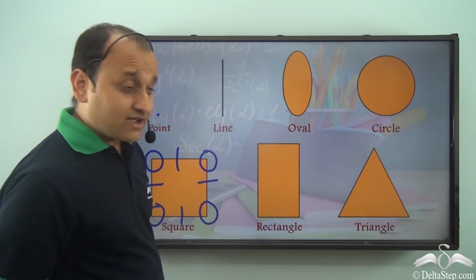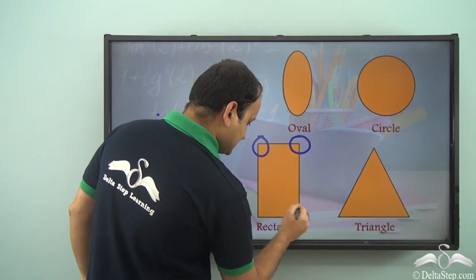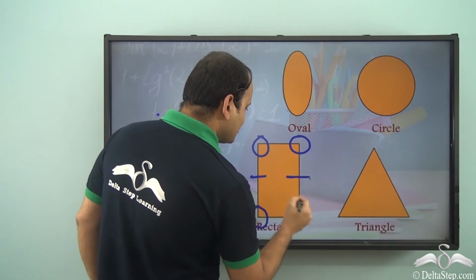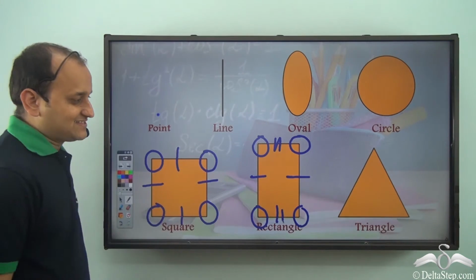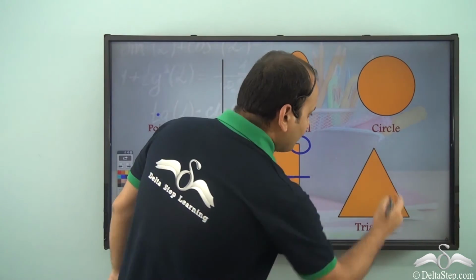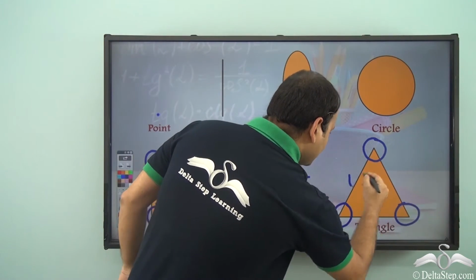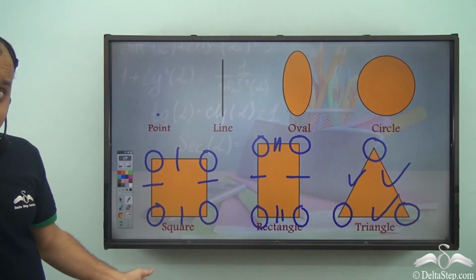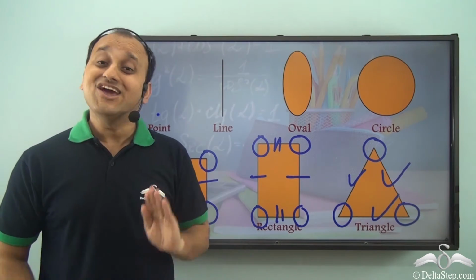In case of rectangle, again we have 4 vertices and 1, 2, 3 and 4 sides. In case of triangle, we have 3 vertices and 3 sides. So these are the characteristics of some common geometrical shapes which we see all around us.